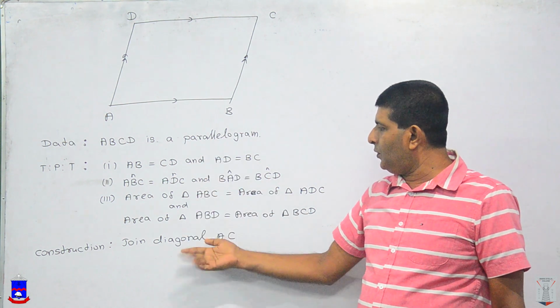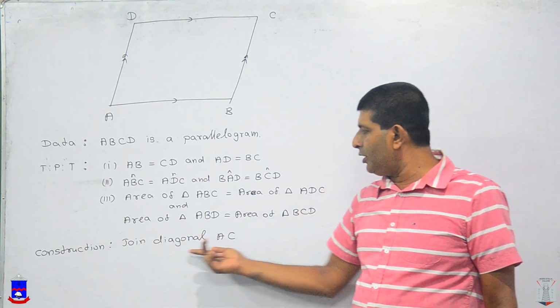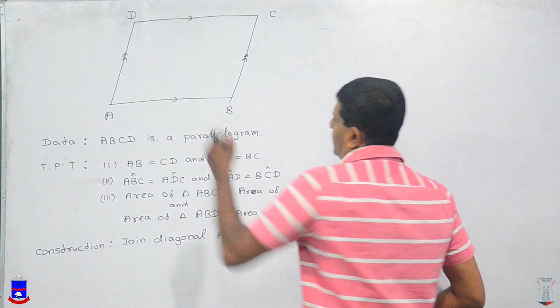For this formal proof, we need a construction. I take the construction as drawing diagonal AC.